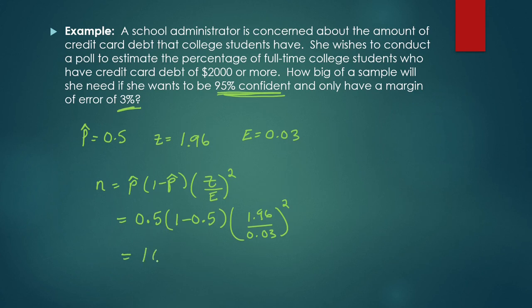This reduces to 1067.11, and we are going to round this to 1068. Remember, we always round up because this is the minimum sample size we need, so we need to make sure we have at least the minimum.